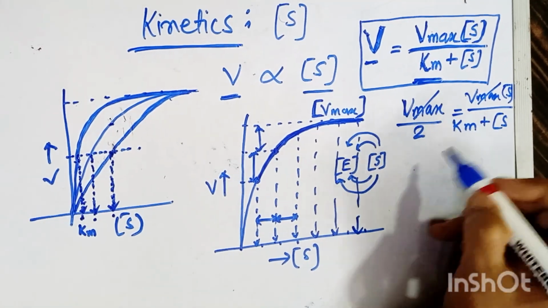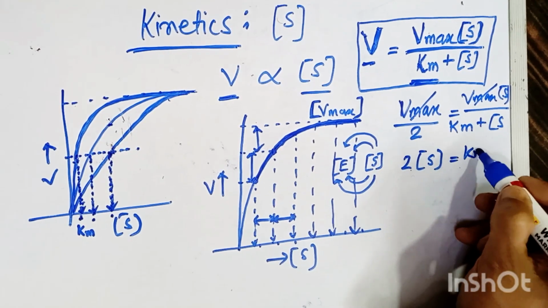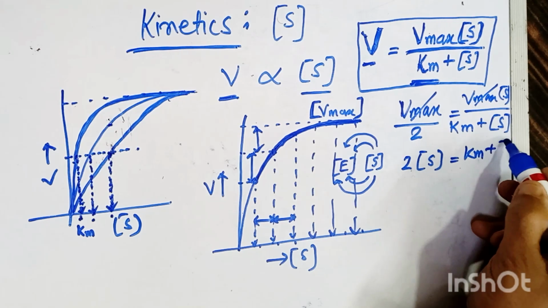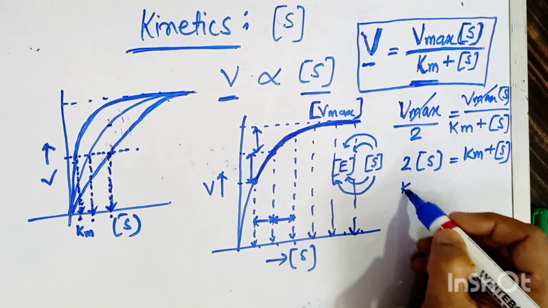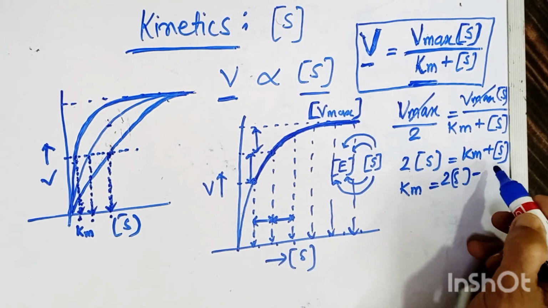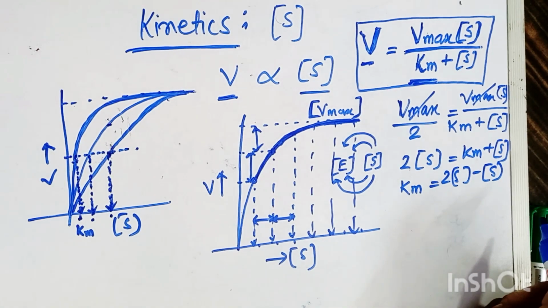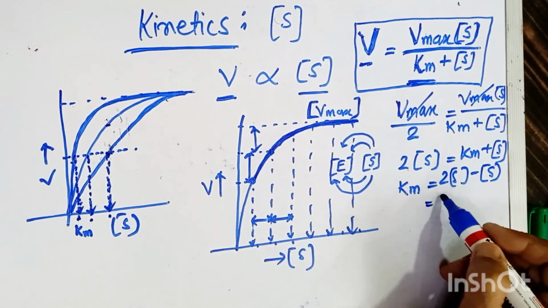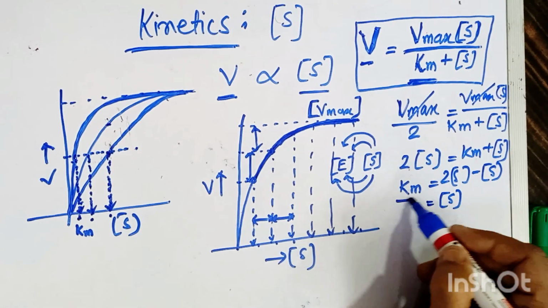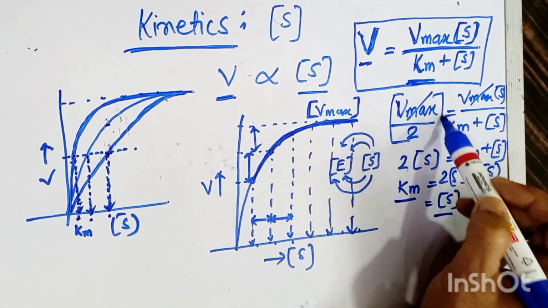So 2S equals Km plus S. And then what is Km? Km is 2S minus S, which is equal to S. So Km is the substrate concentration at which half of maximum velocity is attained.